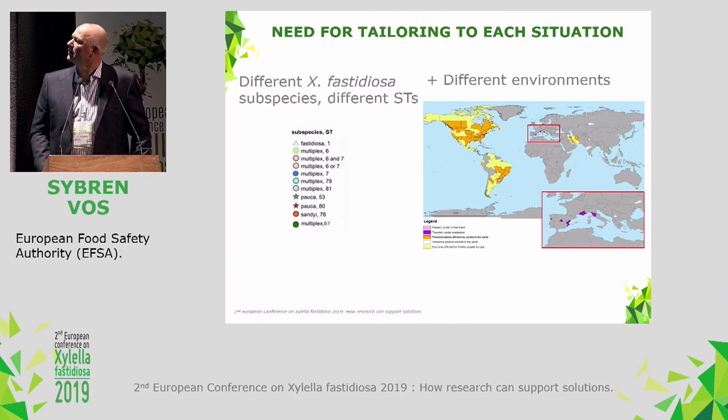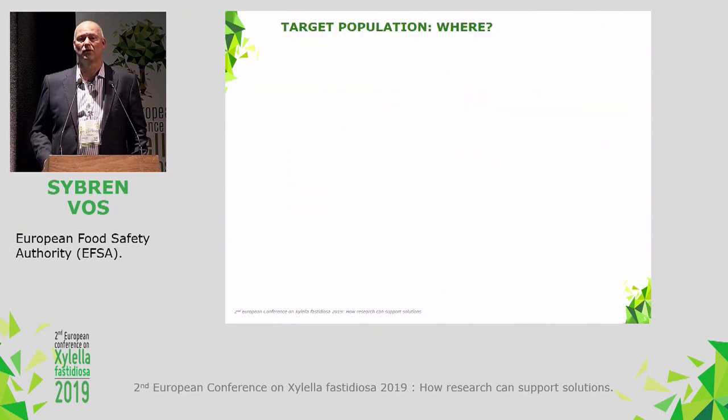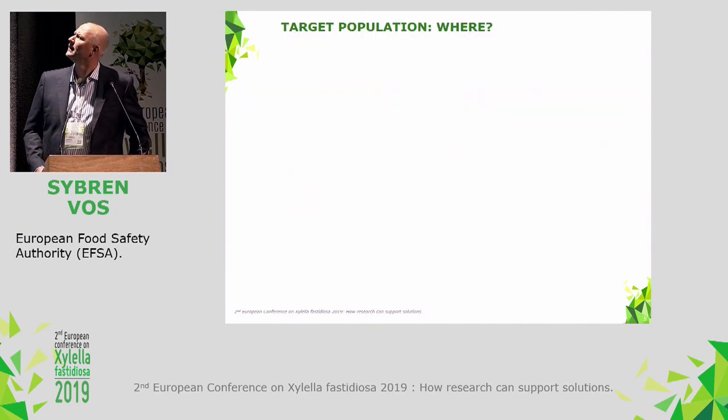We already have here a map that was shown before where we see the different areas where the pest is now being found in Europe, but also we have a world distribution. And we need to find any type of Xylella that can interact on our territory. We have had clear presentations showing that these different combinations of pests with specific environments develop different epidemics. So what we need to find is any sign of any new epidemics. That's the objective of a detection survey.